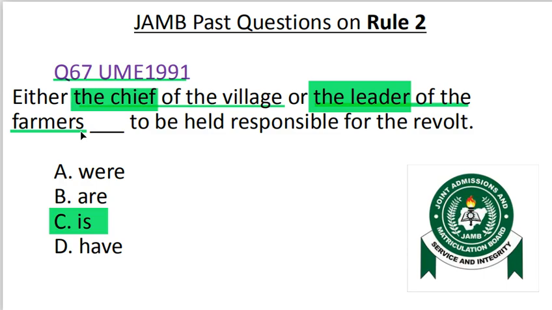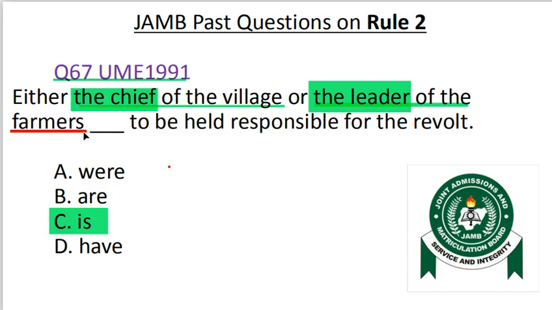Now, look at that expression, "or the leader of the farmers." Note that "farmers" is in plural form, but that is not our subject. Our subject here is the leader, singular. So do not think that because "farmers" is closest to the verb, our verb is going to be plural.